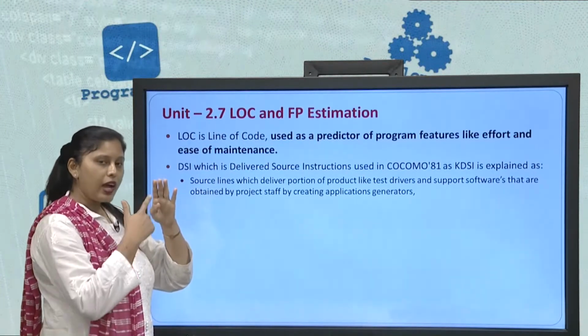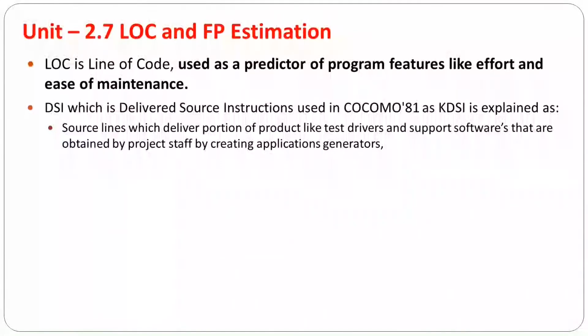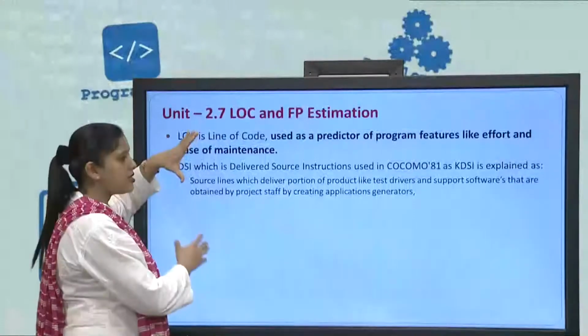We generally call line of code the source code. So, source lines which deliver a portion of the product, like test drivers and support software obtained by project staff by creating application generators, we call it line of code.